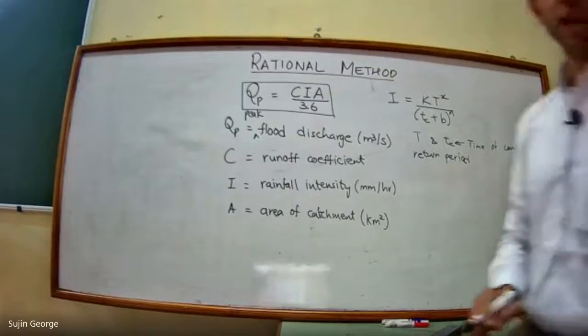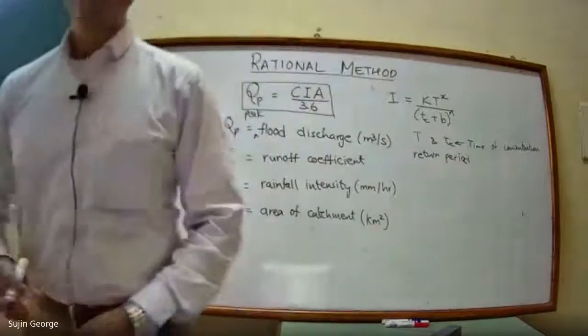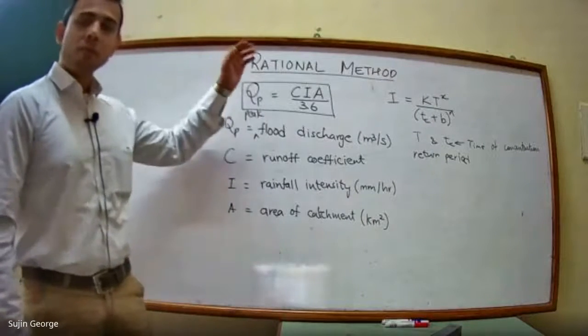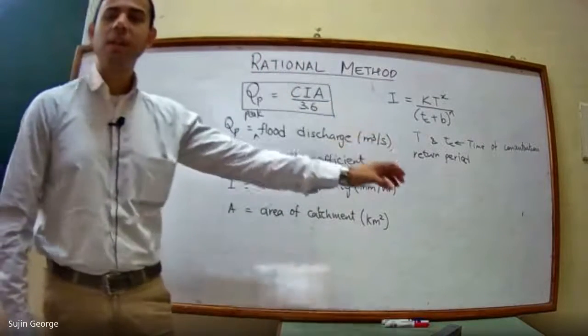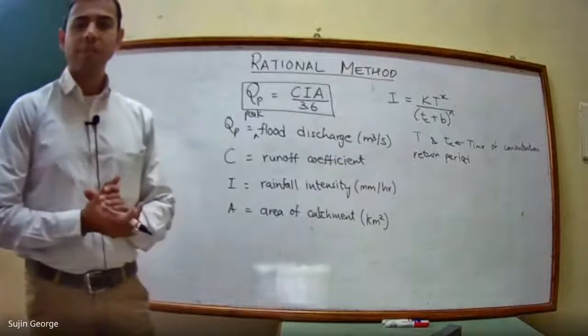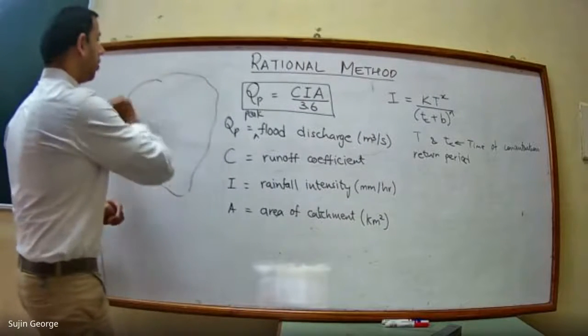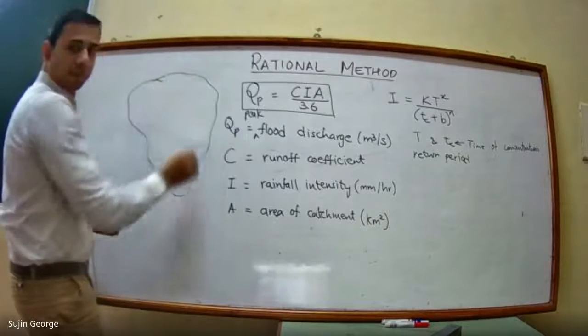Now what is this time of concentration? Time of concentration is the time for the water to flow from the remotest area till the watershed outlet. For example, this is a watershed, this is a catchment.